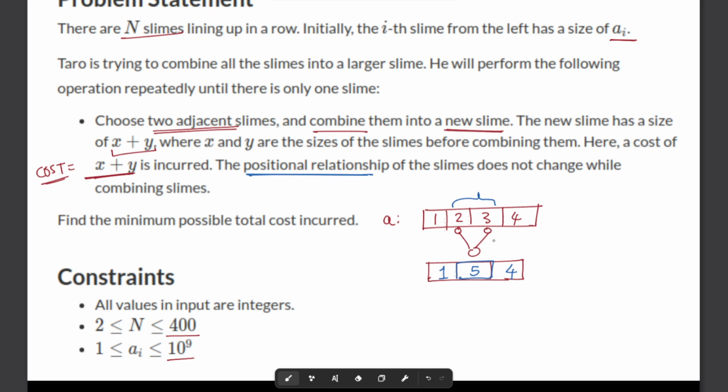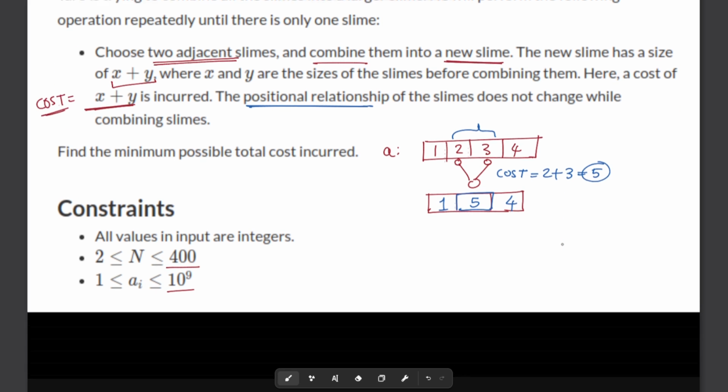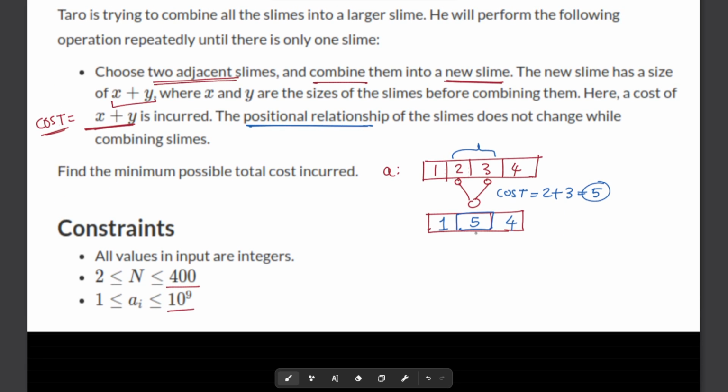The cost incurred in this operation is 2 plus 3, which is the sum of the slimes that were present while merging. Next, let's say we merge these two. Notice that the cost we need to add here depends on the new size of the merged interval. 2 and 3 were merged, they became 5.